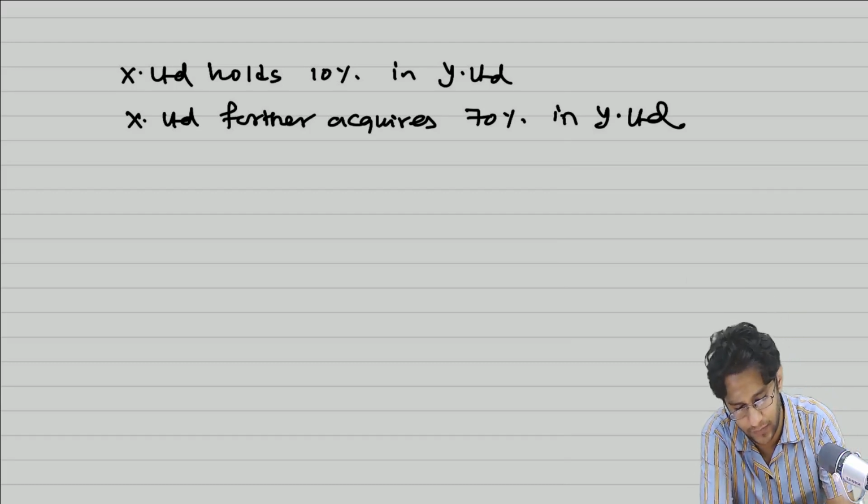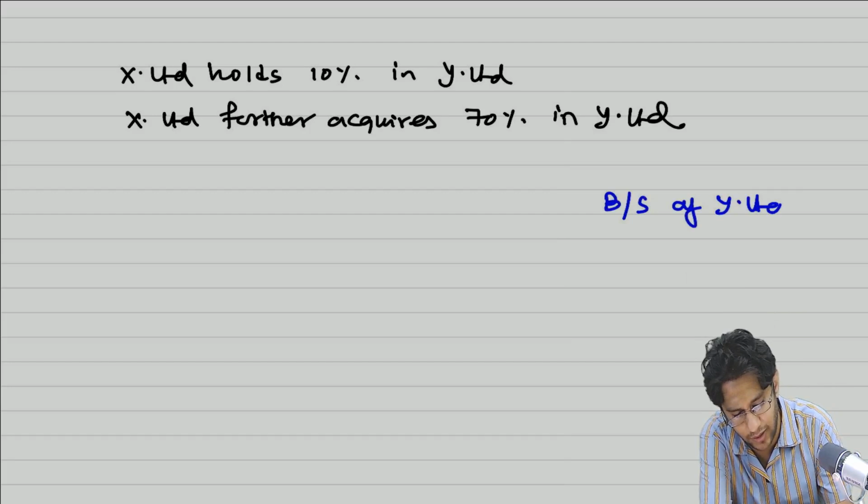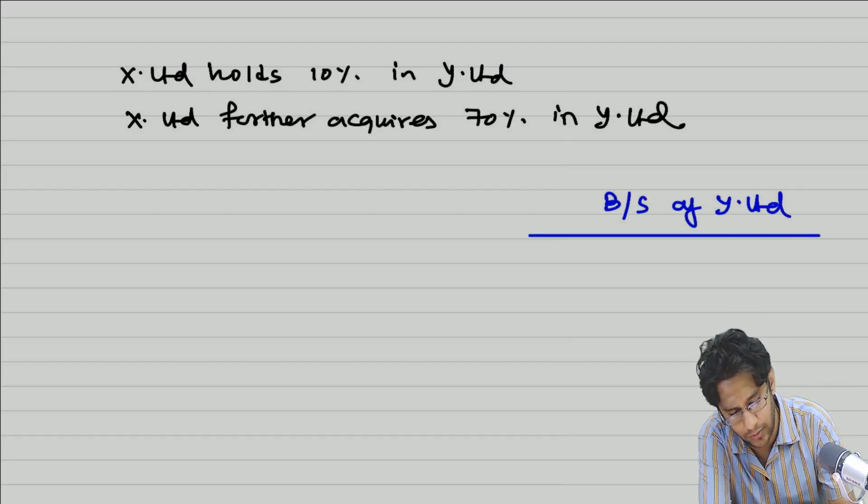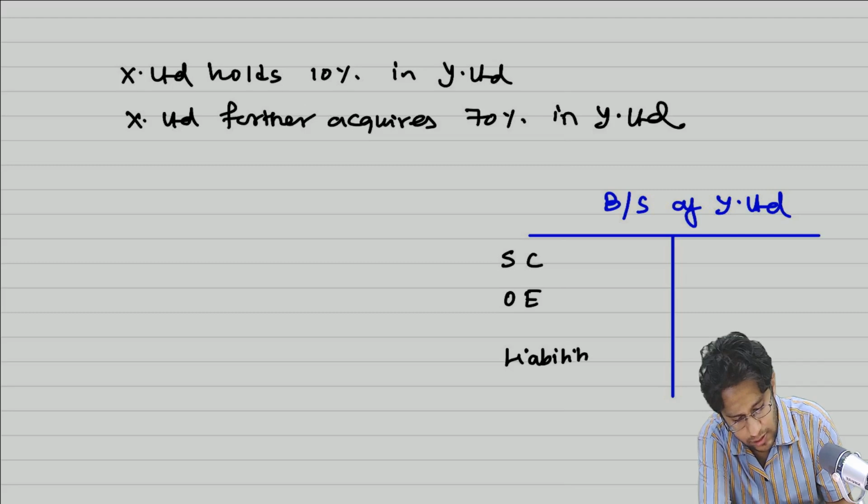So for that, look at the standard guidance. Just imagine this is the balance sheet of Y Limited. We are not bothered with the numbers. So there is share capital, there is other equity, then there are liabilities, then there are so many assets here.